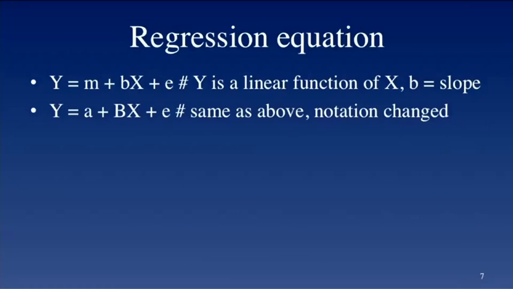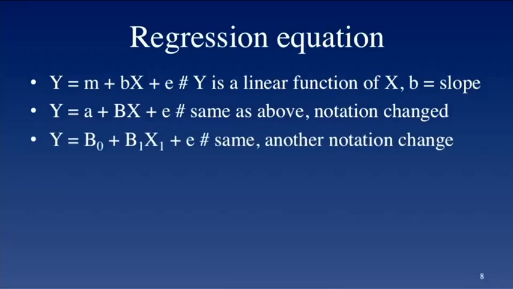You might see a slightly different notation: y equals a plus bx plus e, some error. The notation I prefer is actually this third line in the slide. That's y equals b sub 0 plus b sub 1, x sub 1 plus error.